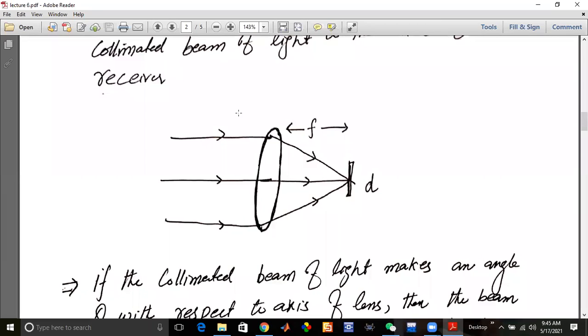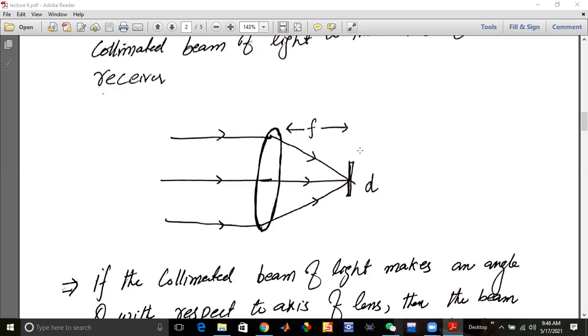And you know that when the collimated beam falls on the spherical lens, it will focus all the light in a single point. And why does it do this?